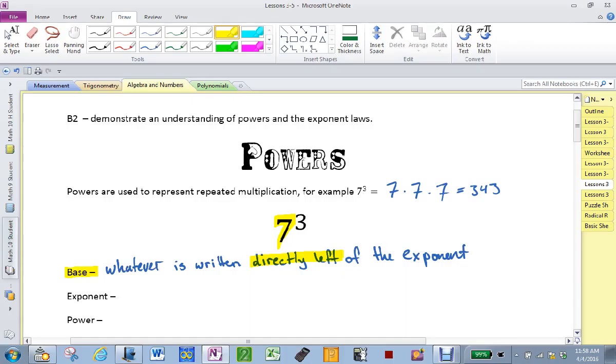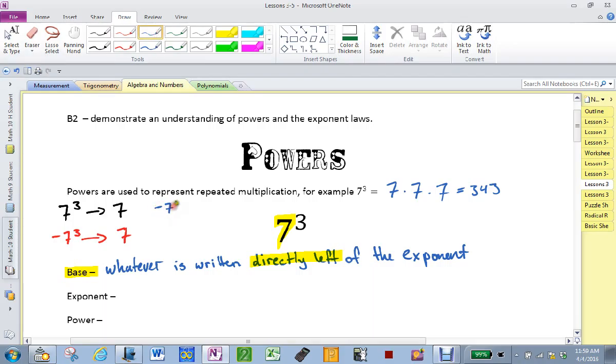Okay? Here is what I mean. 7 cubed. What's the base? 7. Negative 7 cubed. What's the base? 7.